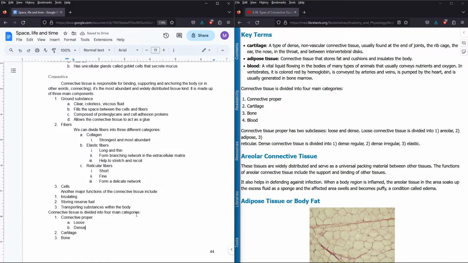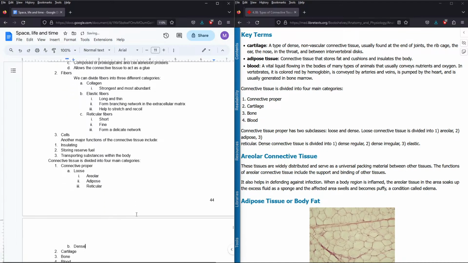Loose connective tissue is divided into areolar and adipose. Obviously it is. Oh wait, adipose and reticular, obviously.